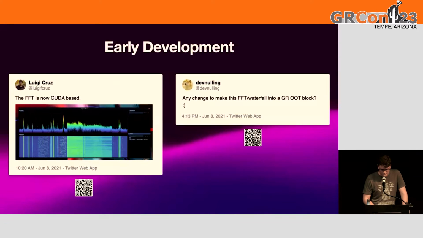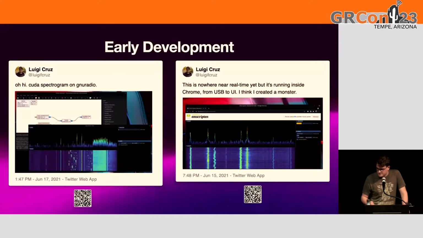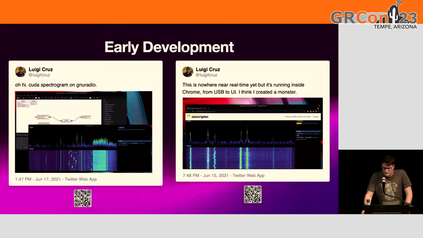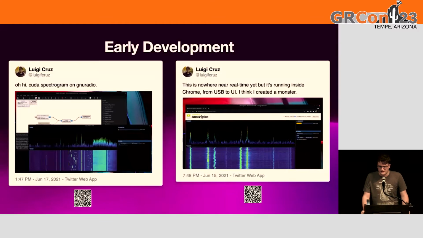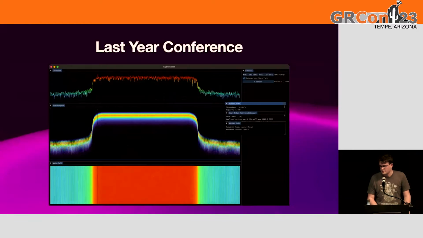And that's what I did. So there we go, we can use CyberEther as a block on GNU Radio, and you have GPU acceleration. I also came back to the browser and ran exactly the same code that was running natively, using WebGPU at that time.